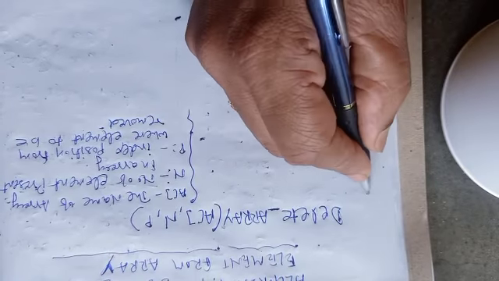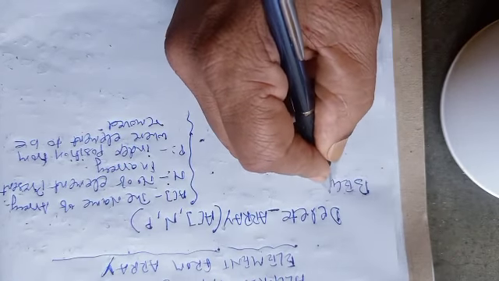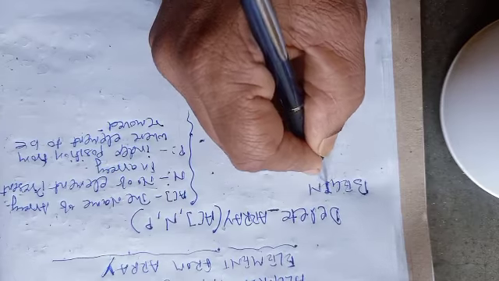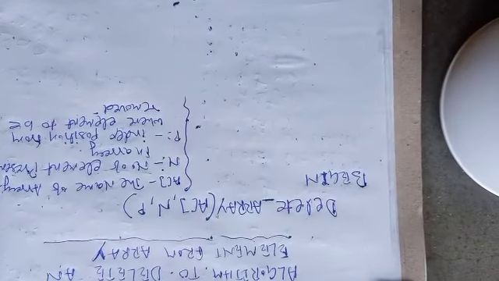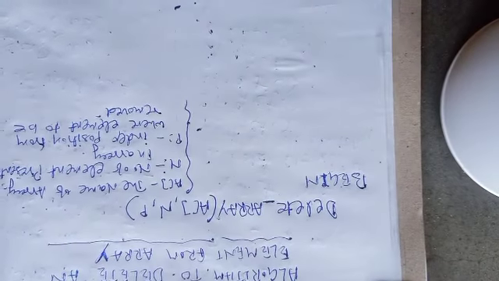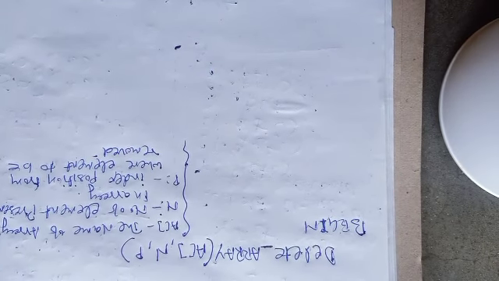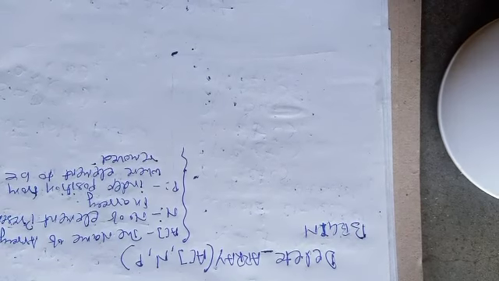Now after this I will write begin. Begin indicates the beginning of this block or the algorithm. So every algorithm must have a beginning and must have an end, as usual. Now first we have to verify that this position is a valid position.